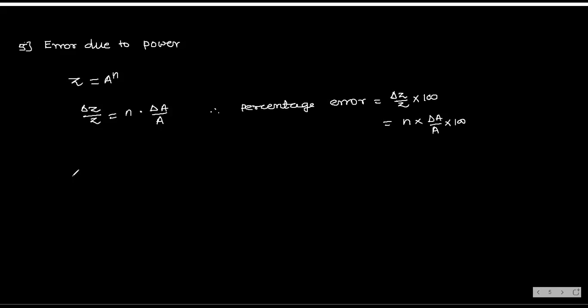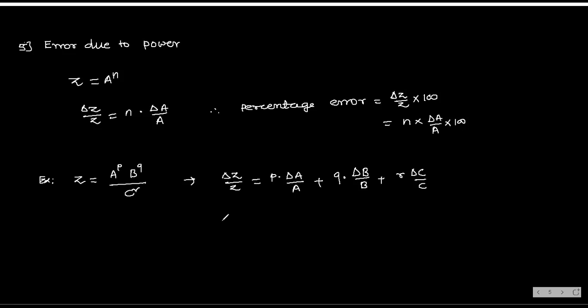If suppose another function is there, one example. Suppose like this is there, z is equal to a power p b power q and down c power r is there. Then in this case, delta z by z, that is fractional error, is equal to p into delta a by a plus q into delta b by b plus r into delta c by c, and percentage error in this case is what?